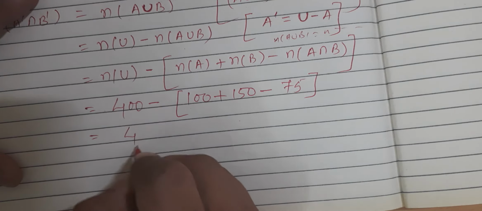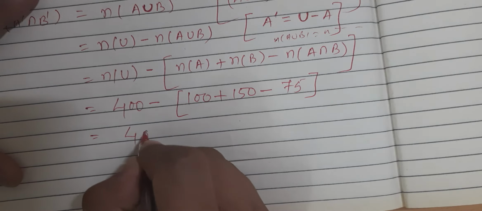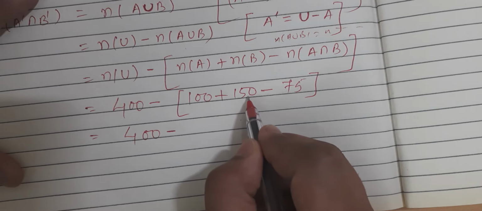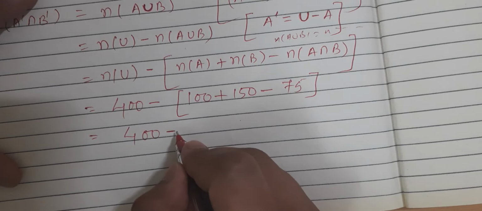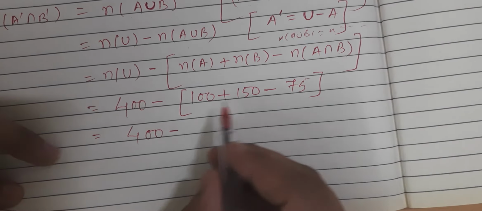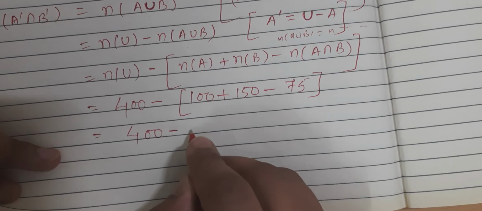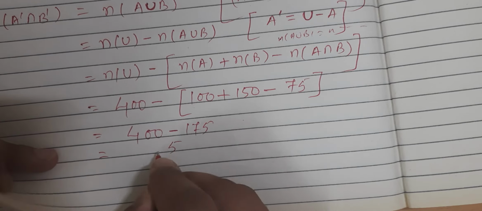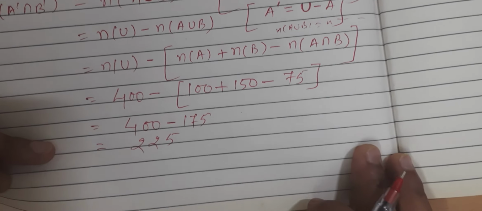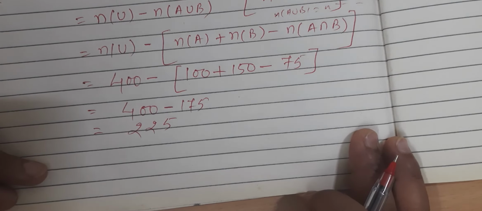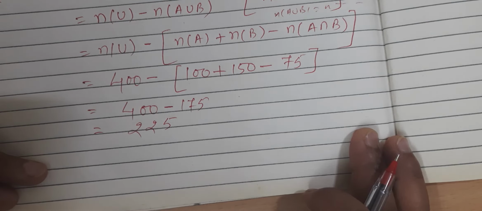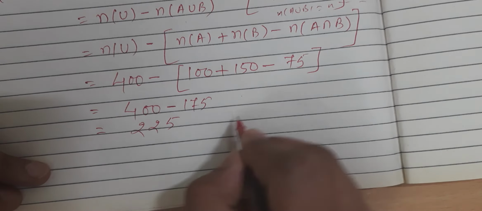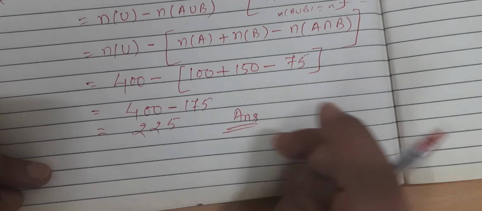So 400 minus, here 100 plus 150 is 250, 250 minus 75 is 175, and here we will get 225. So there are 225 students who are taking neither apple juice nor orange juice. So the answer is 225.